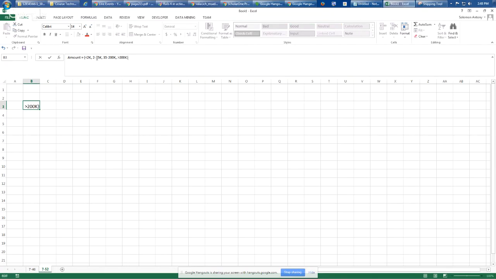So these are the possible values for amount. And then for credit, we have poor, fair, and good or excellent. So three possible values for credit.